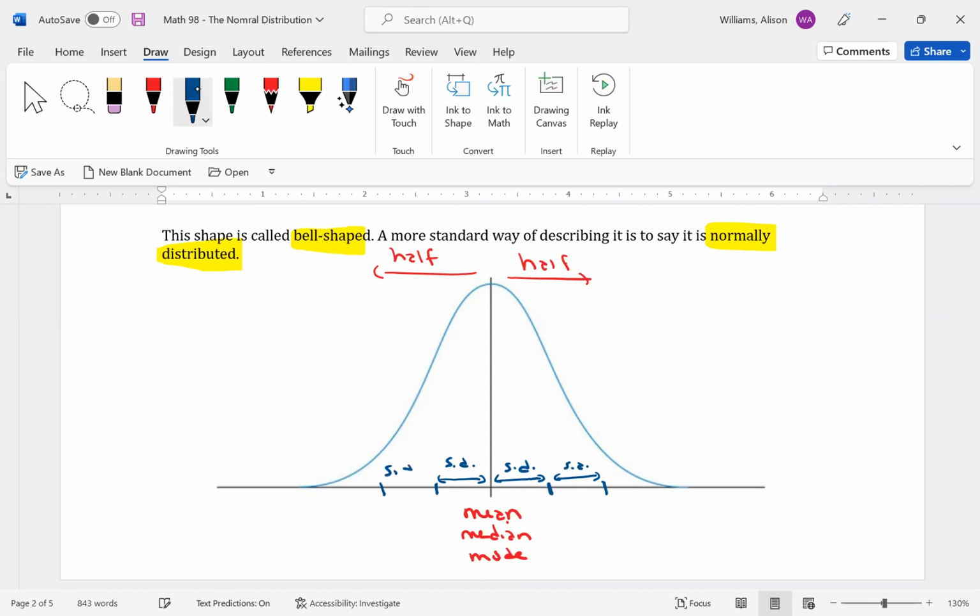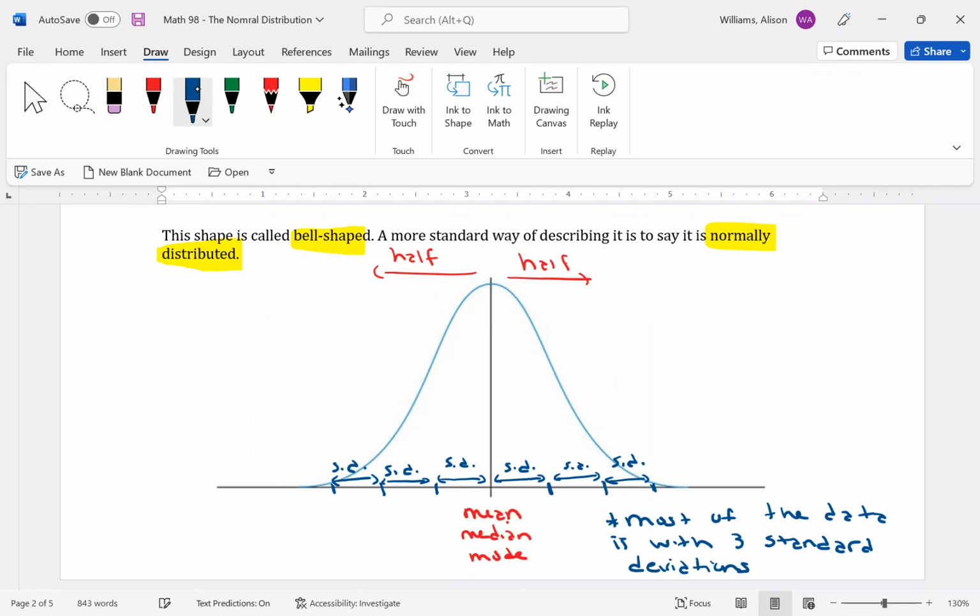So if I keep going 1 standard deviation above the mean and 1 standard deviation below the mean, as you can see, it ends up encompassing all of the data in about 3 standard deviations below the mean and 3 standard deviations above the mean. And that is typical. So most of the data is within 3 standard deviations.